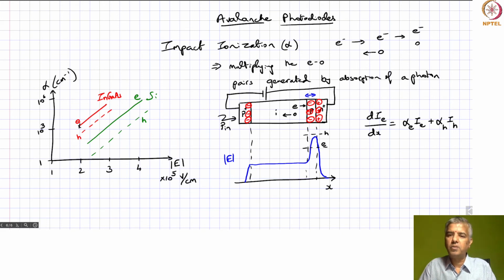The optimum bias voltage is determined by how far the threshold for the holes is from the threshold for the electron. From that perspective, in silicon the difference between the impact ionization coefficients of electrons and holes is so much higher that the threshold for holes is at a much higher level.